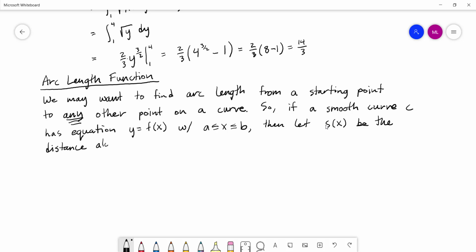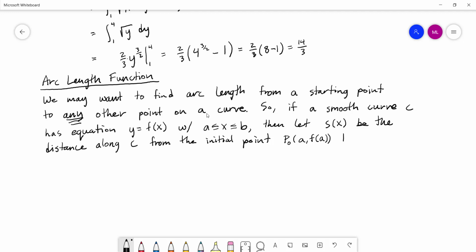along C, so the arc length, the distance, the length along the curve from some initial point which we'll call our P0, and it's going to be at the point a comma f of a, right? So we're starting at x equals a, and I want it to go to another point.